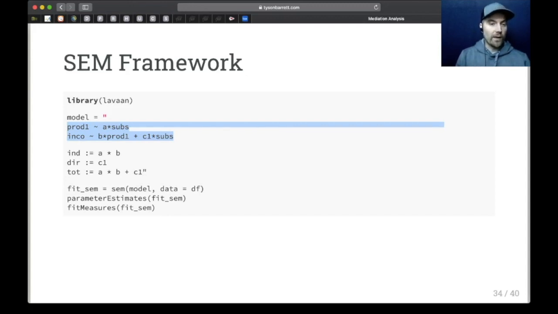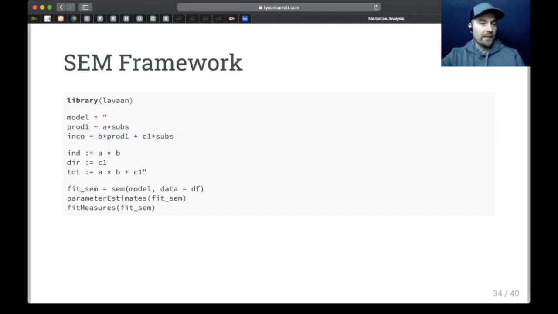So one of the first things you want to look for is what is our mediator here? And in this case, our mediator is prod1 because it is the outcome in one model and a predictor in another. It can't be income because income is an outcome here, but not a predictor in the other model. So this one is our mediator, this is our predictor, and this is our outcome.